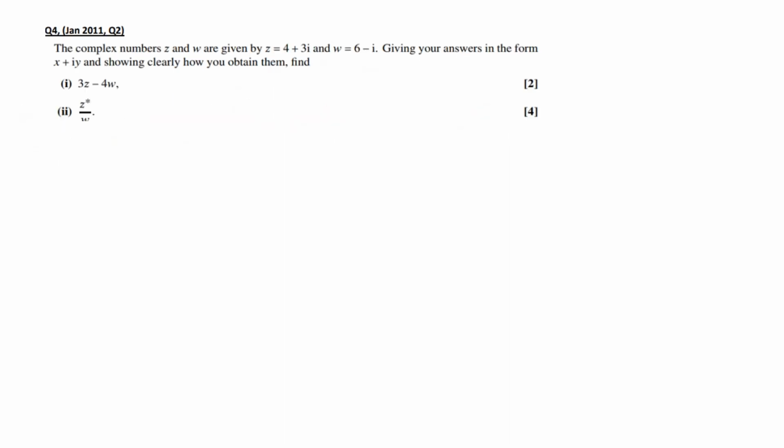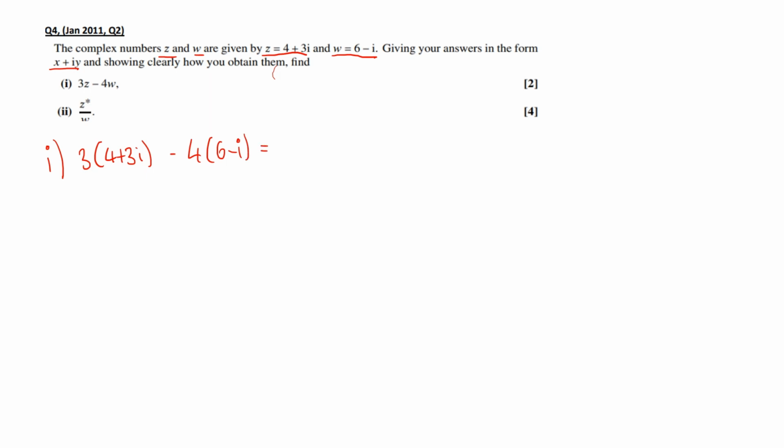Right, the complex numbers z and w are given by these two numbers. Just saying, these are quite similar because this is the first test which is on the basics of them, mostly timesing them out and manipulating them. So we're just going to do this, and then next we'll move on to the harder stuff in the topic. So, alright, 3z, which is 4 plus 3i, minus 4 times 6 minus i.